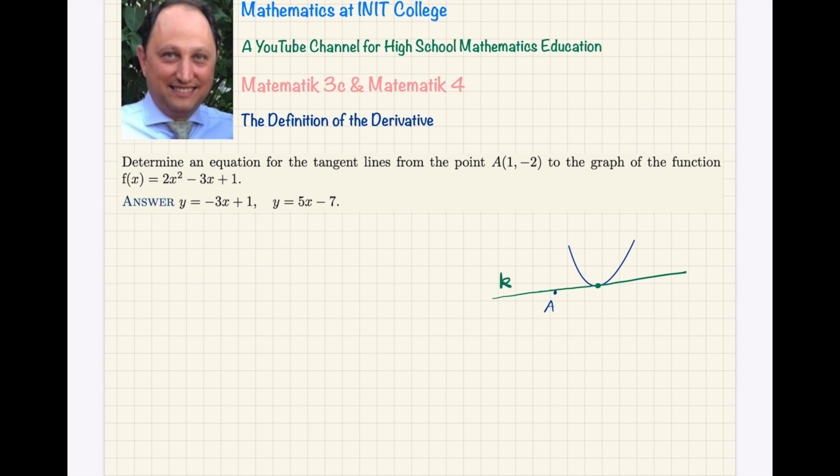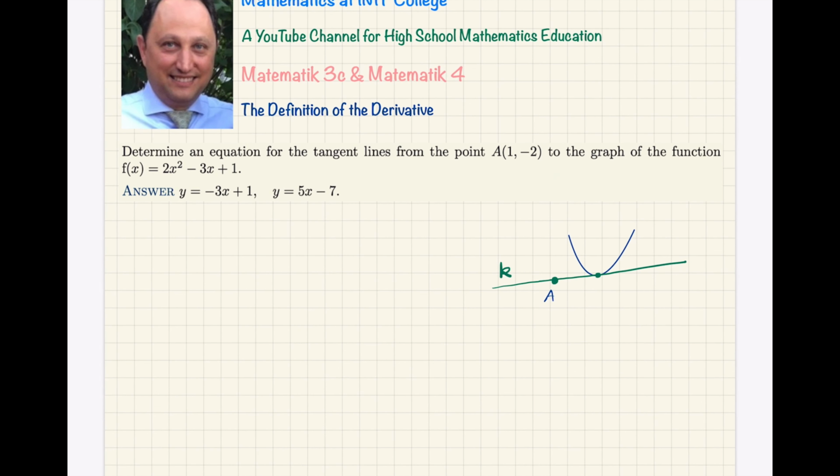And let us concentrate on finding the equation of all possible lines that pass through this point A. The coordinates of the point are given, so it is (1, -2). Assume that you want to write an equation of this line whose slope we pretend to know, and it is k, and the point is this one.